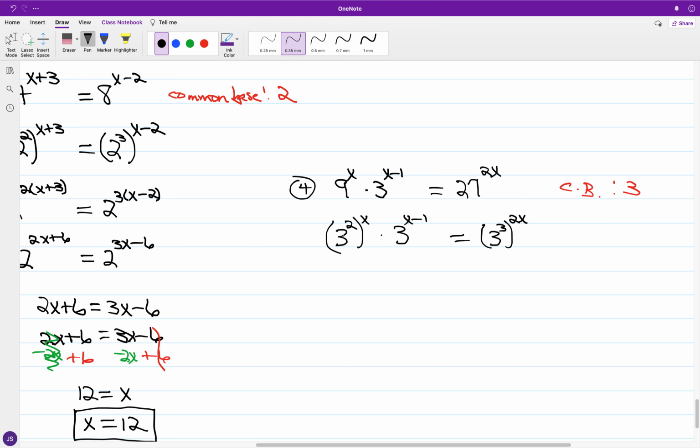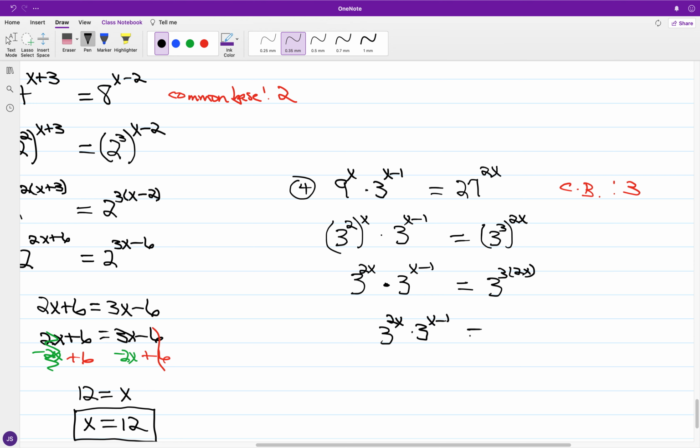And just looking at what we have here, 3 squared to the x is 3 to the 2x, and we got times 3 to the x minus 1. And 3 to the 3 times 2x, well, that is going to be 3 to the 6x. And we're just about there.